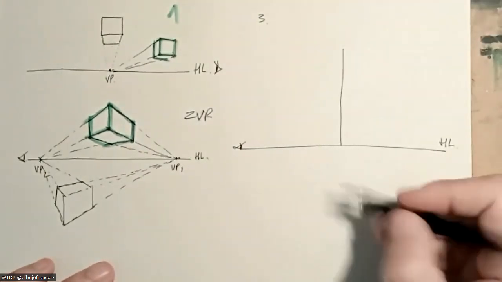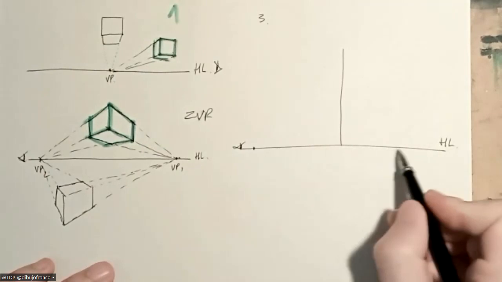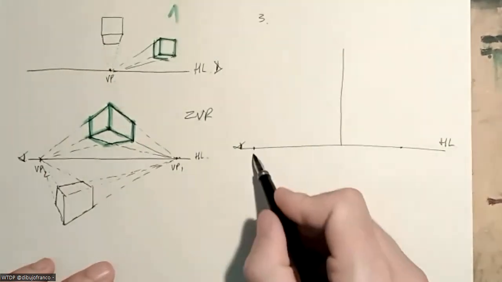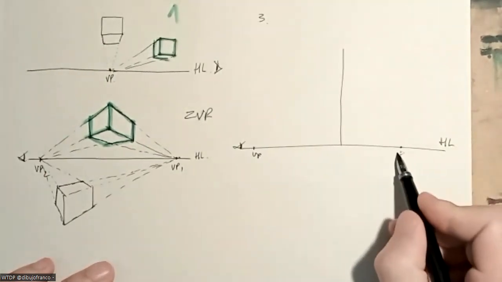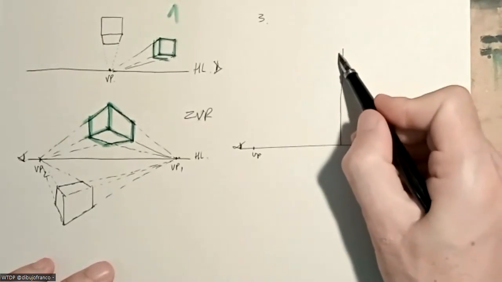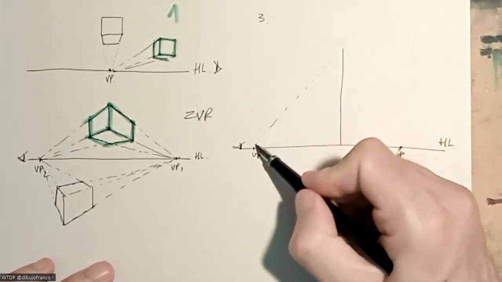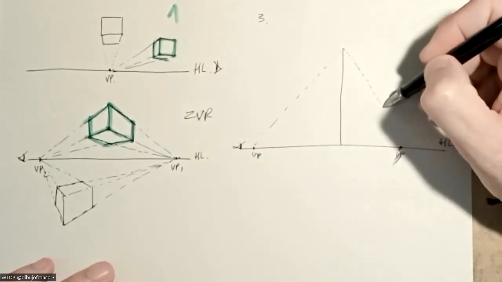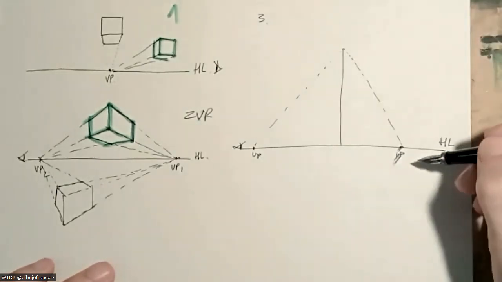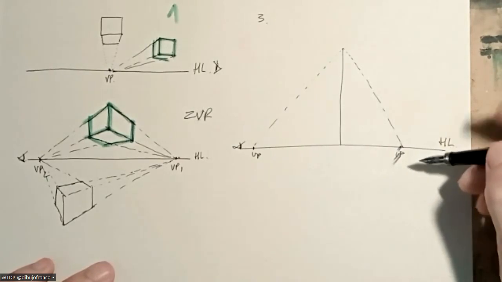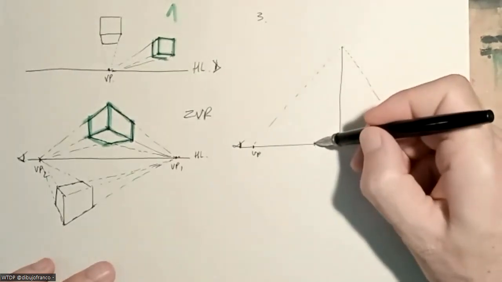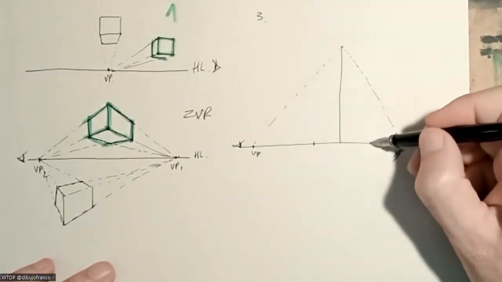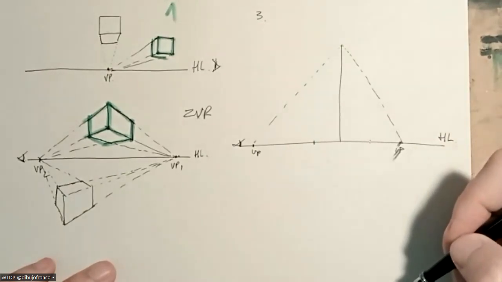Okay? Let's suppose I have a vanishing point here and I have another vanishing point here. So I will be sending from the top of the edge of the building to one vanishing point and to the other vanishing point. But now, let's see. I have the building here and I have the building here where it ends.